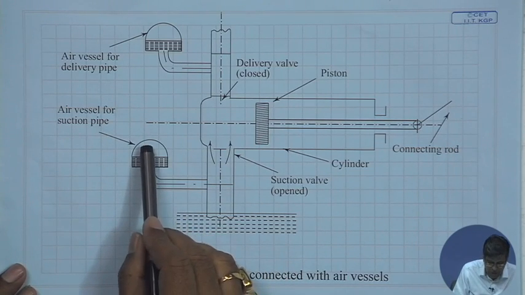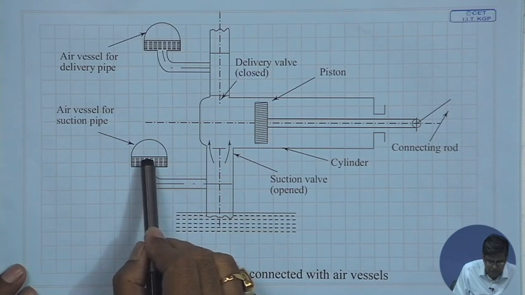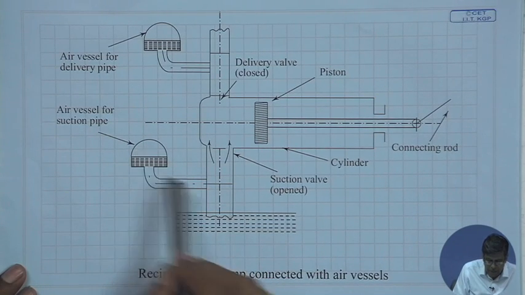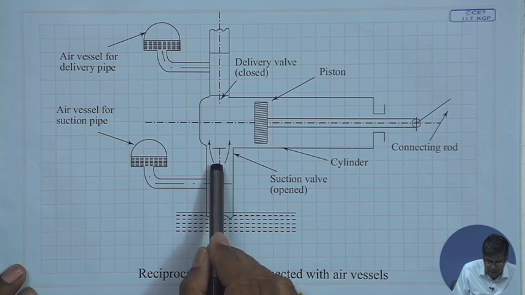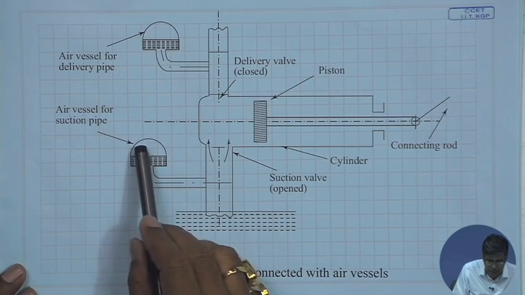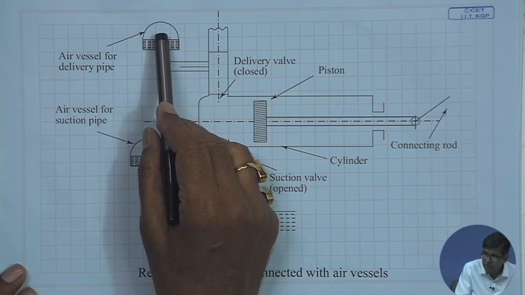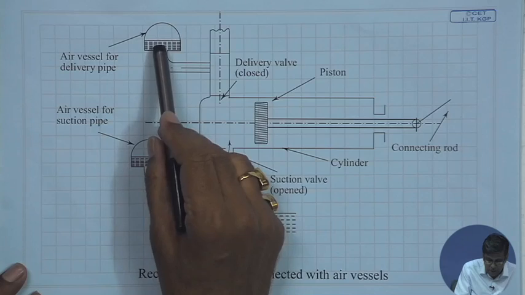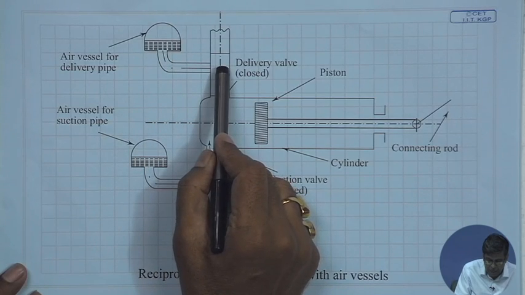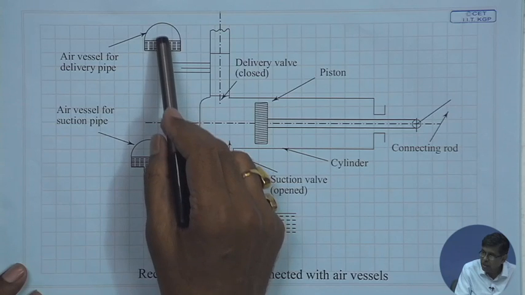Now when the air is compressed by the inflow of water here, it takes energy. That means when there is excess water in the pipe and it has to be reduced, the water comes here and the air gets compressed. Similar is the function for the delivery pipeline. And when water is required in the pipeline, water will be given by the expansion of the high pressure air.